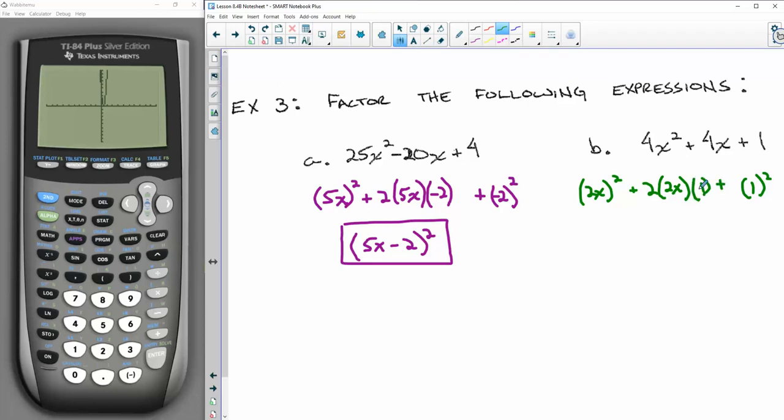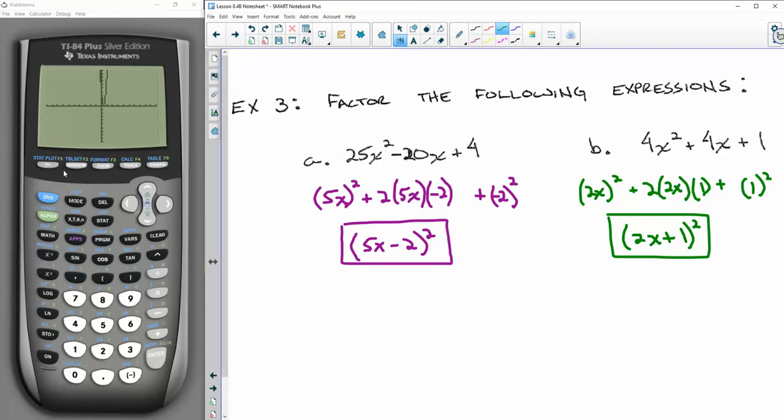So 2x times 1 is 2x, doubled is 4x. So this should be 2x plus 1 squared written in factored form. So we're taking expressions that are in general form and writing them in factored form, kind of like vertex form.